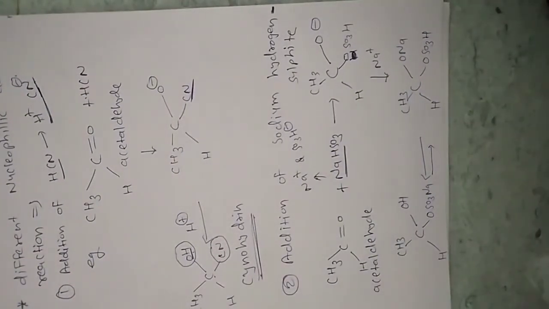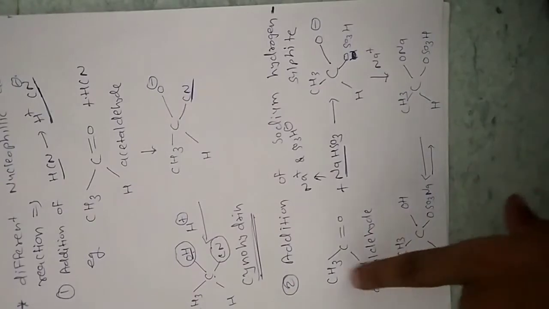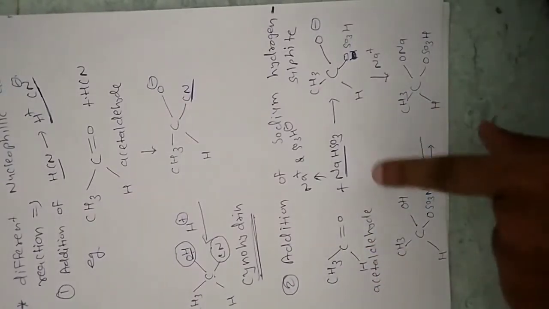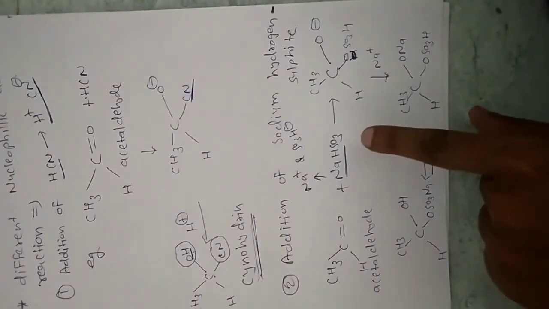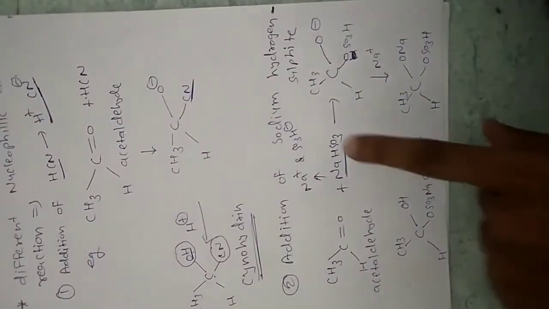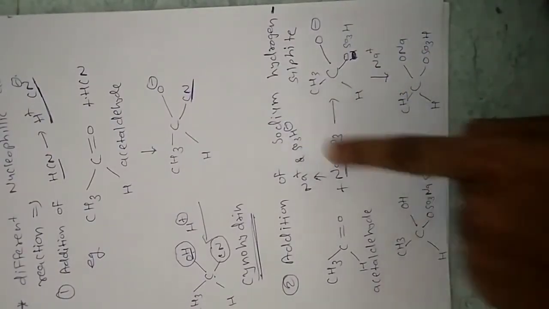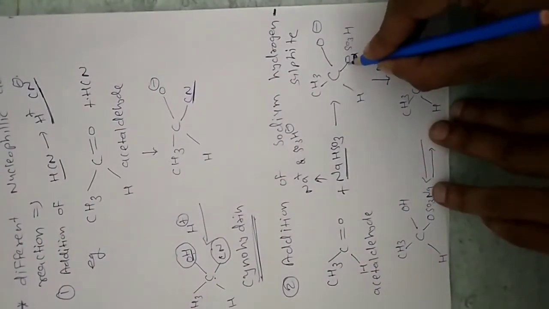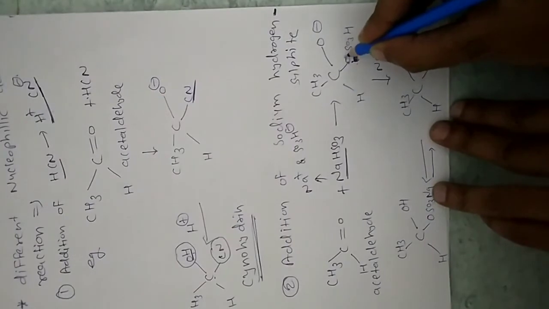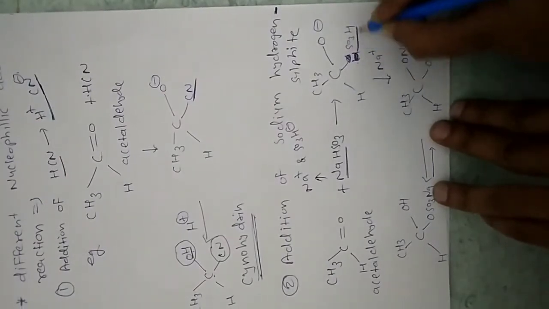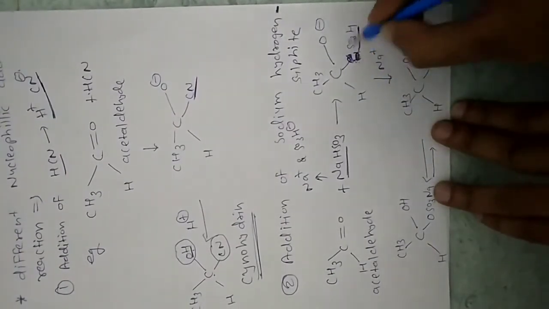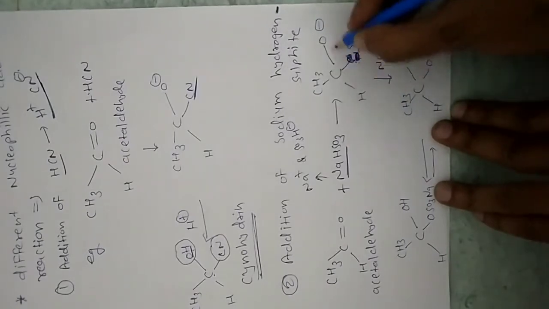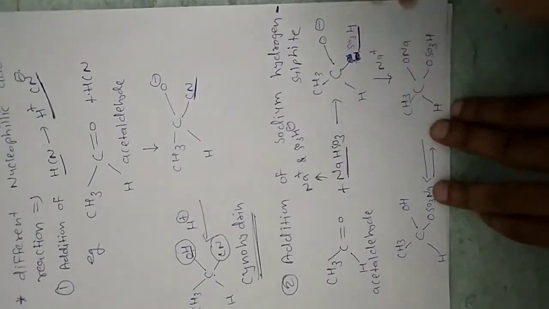Now the same reaction you have to follow here. In the same way I have taken acetaldehyde here, CH3CHO. When it reacts with sodium hydrogen sulfite, what happens here? The negative ion SO3H will attack on carbon, and oxygen becomes a negative ion.